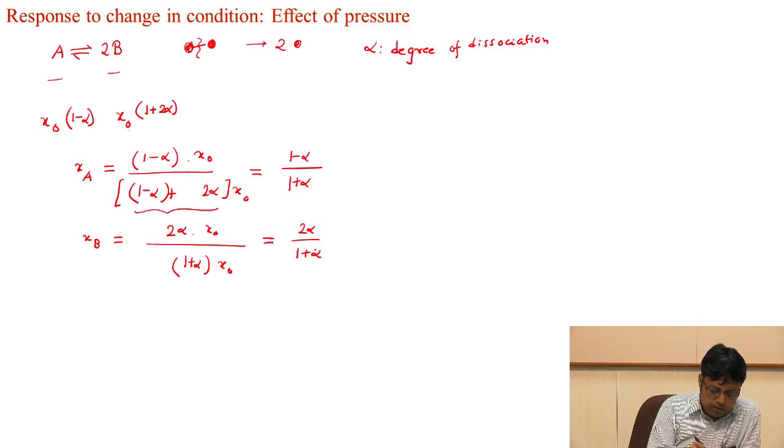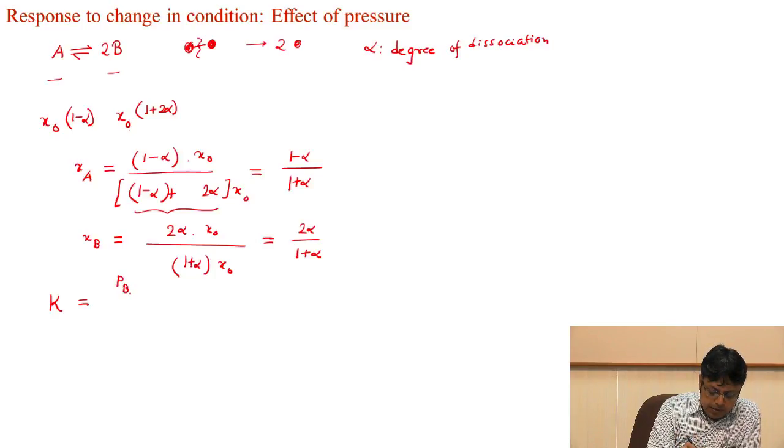Now you can write the equilibrium constant in terms of partial pressures or the mole fractions, whatever you want. Let me first write it as partial pressure.